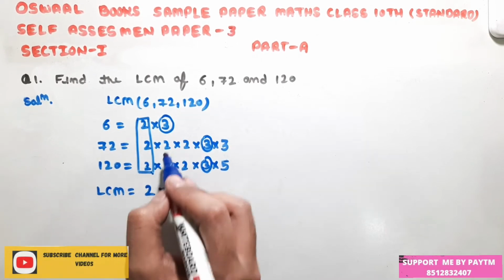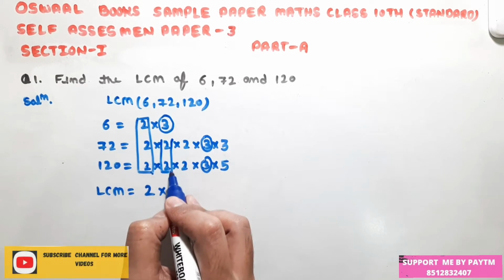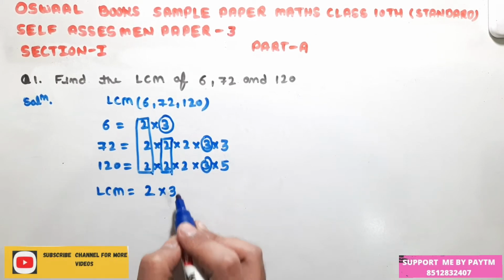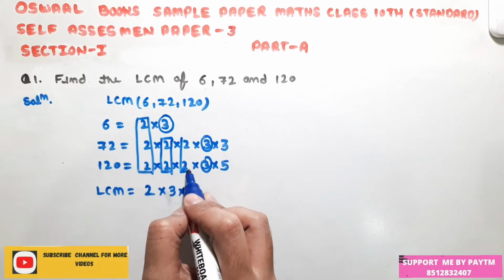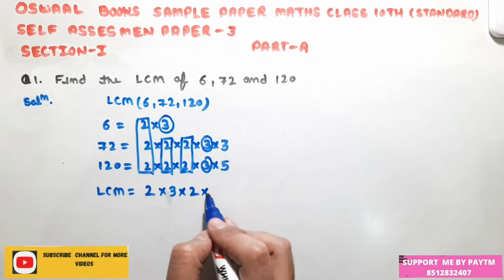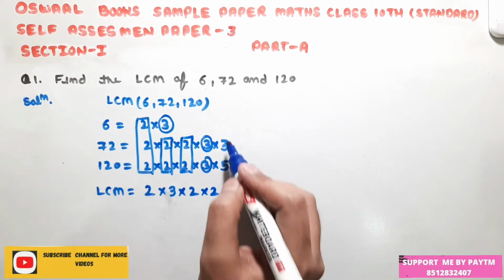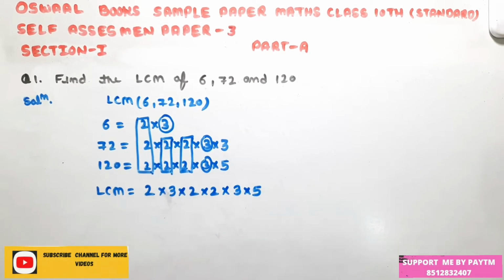Now a pair of 2 is common in these 2. Here a pair of 2 is common, and the remaining ones are 3 and 5.